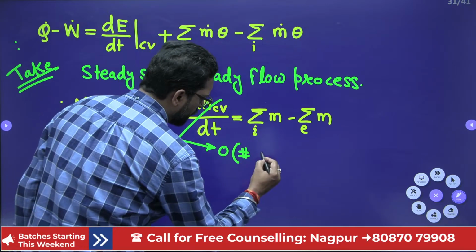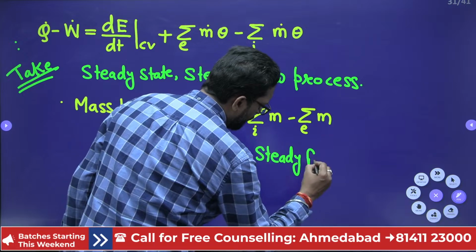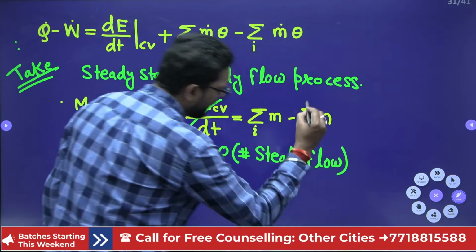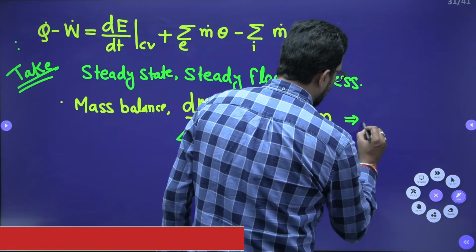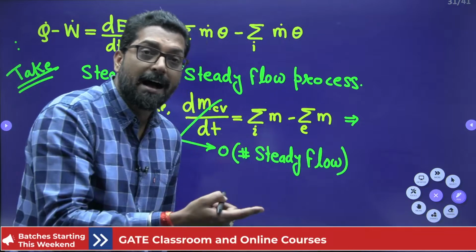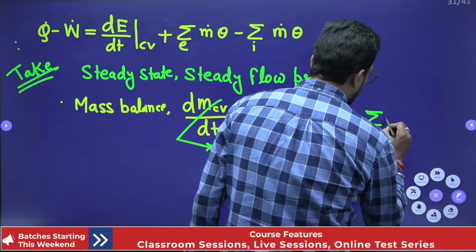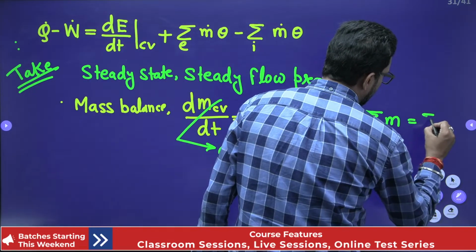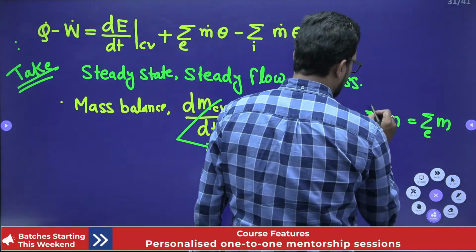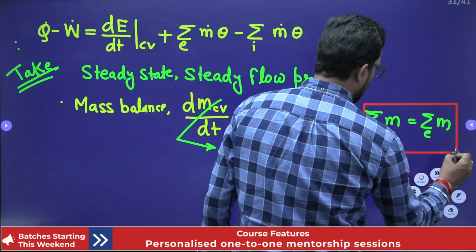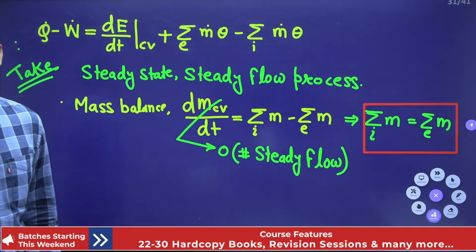Due to steady flow device, steady device. So what we can say is that summation of all the inlet mass is equal to summation of all the exit mass. Yes or not, please? This is right. So this is true when there is a steady flow.